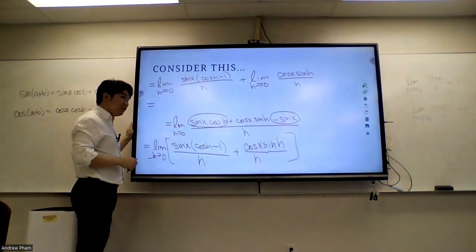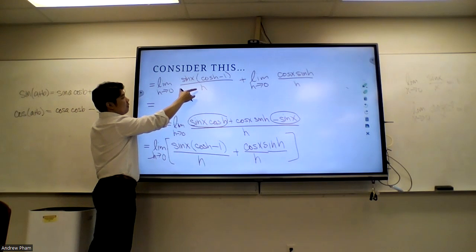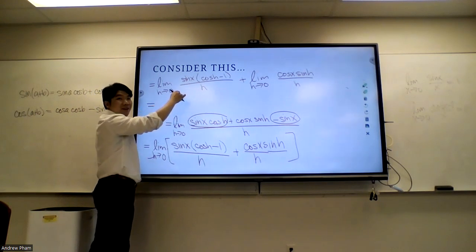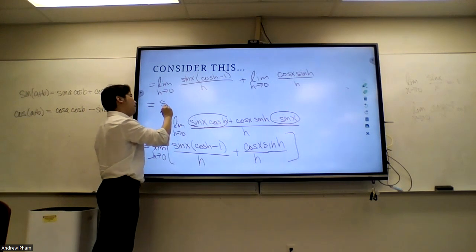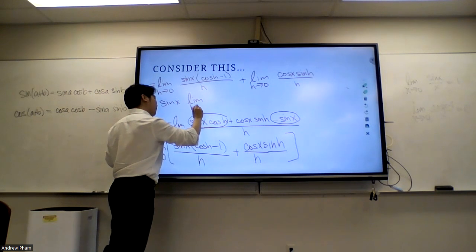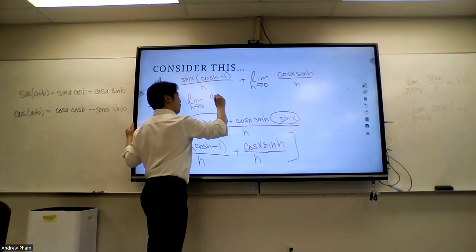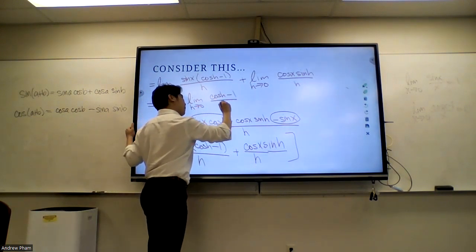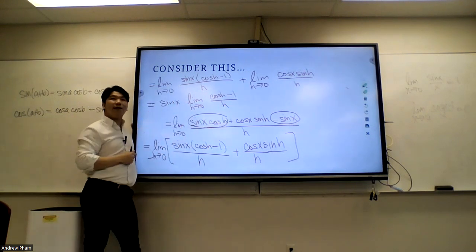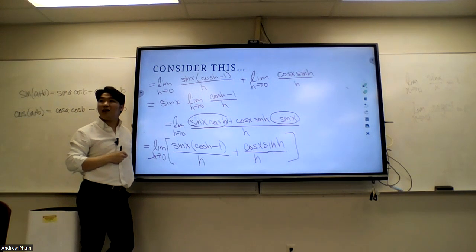Now we're almost there. Looking at this first one, I'm going to write this down first and then explain what I did. So it looks like I took a sine of x out to the front of the limit. So the first question I want to ask is, why am I allowed to do that?